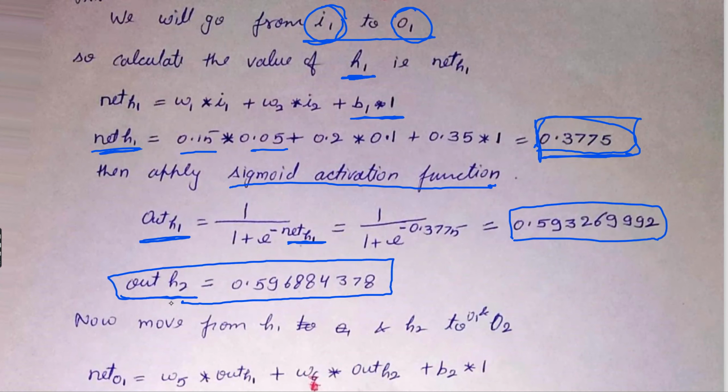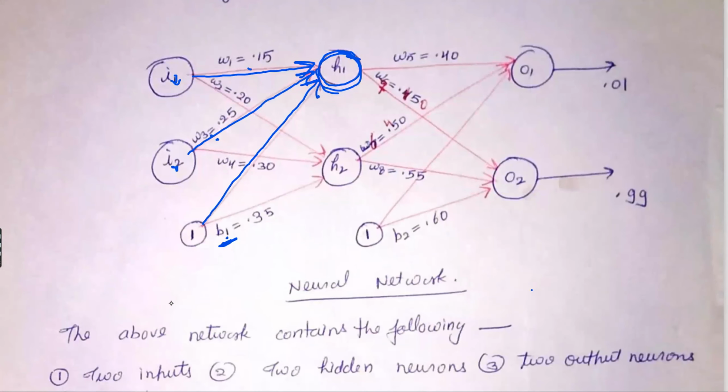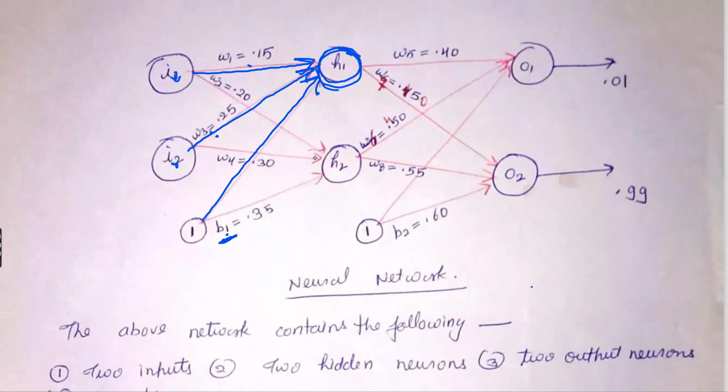How will we calculate the output of H2? Again, see the diagram. For calculating the output of H2, the incoming edges towards H2 are I1 with weight W2, I2 with weight W4, plus the bias value.